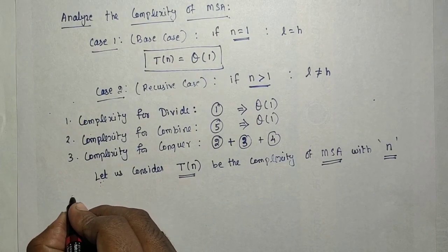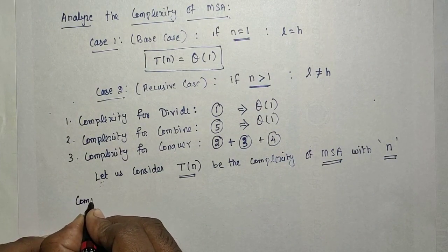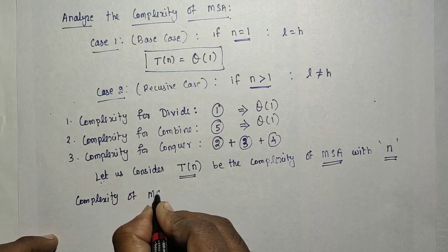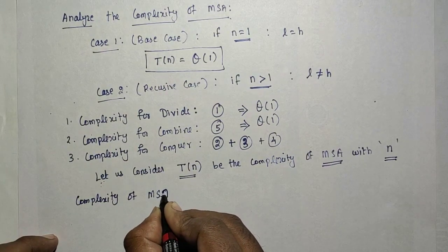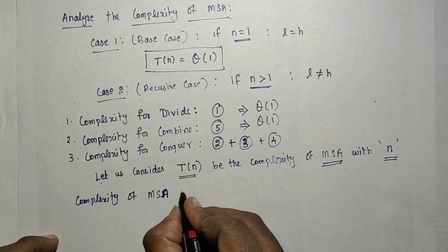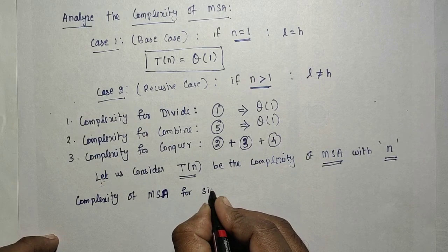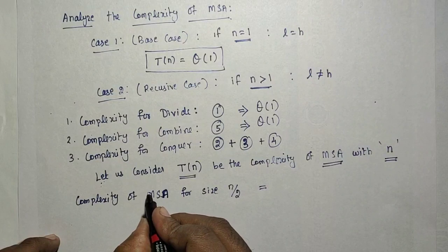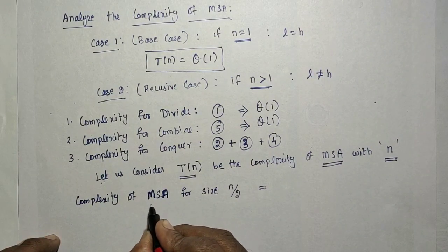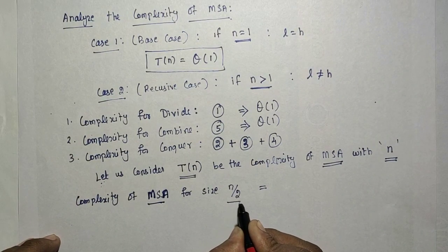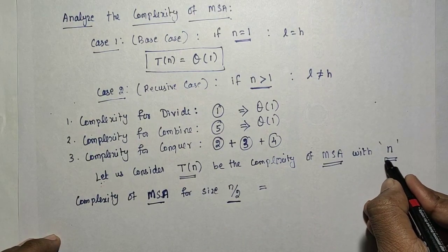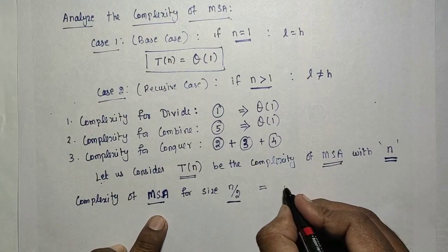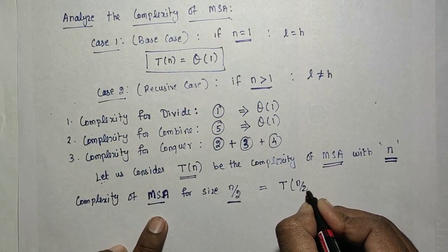Then the complexity of MSA for size n by 2: what will that be? The complexity of MSA for size n is T of n. Then for size n by 2, the complexity will be T of n by 2. Correct?